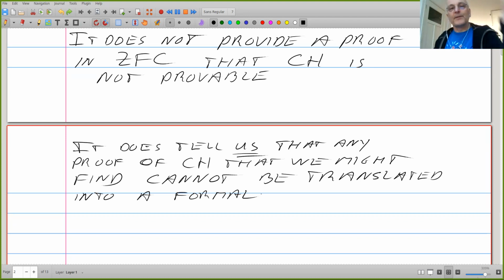But what we are going to do in the coming weeks will tell us is that there is not going to be a formal proof of CH.